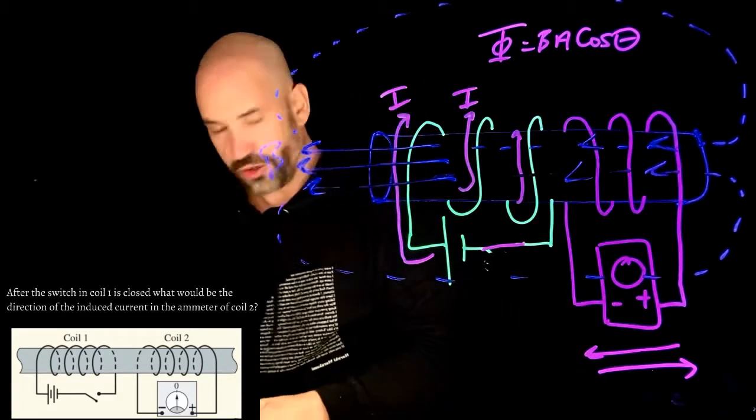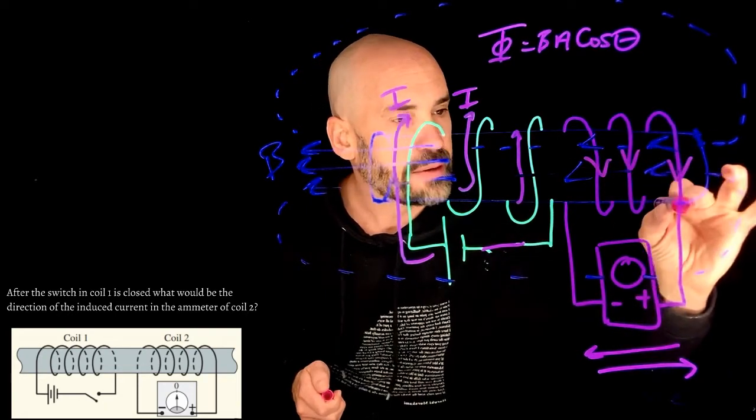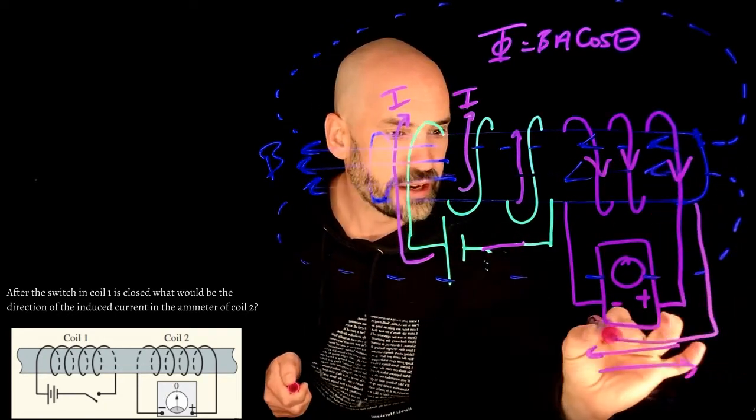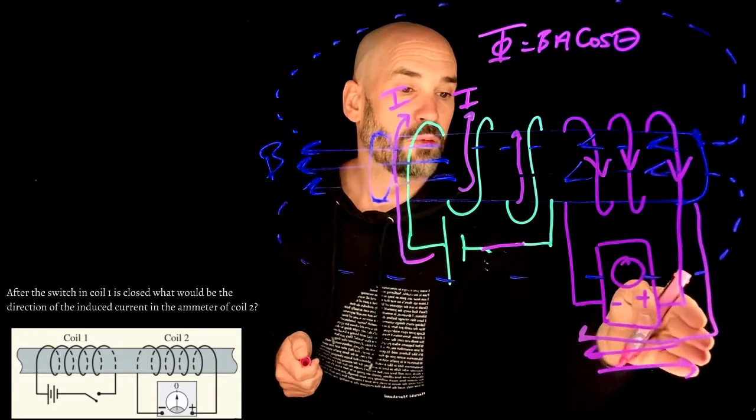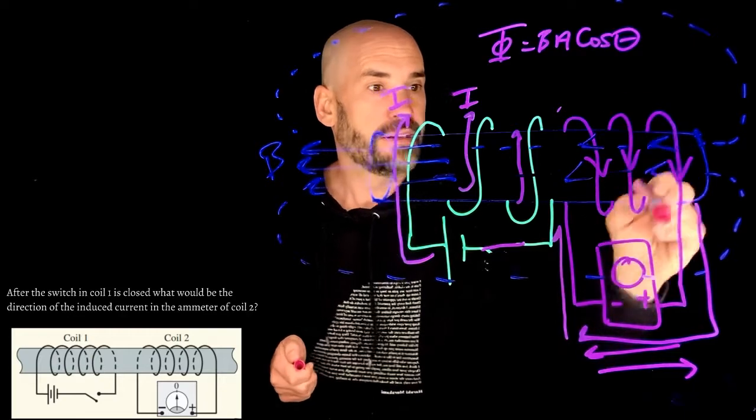So in other words, the current would be down, down, down. That means it would flow through here from this way to this way. In other words, that is from right to left, back up, around, down, down, down.